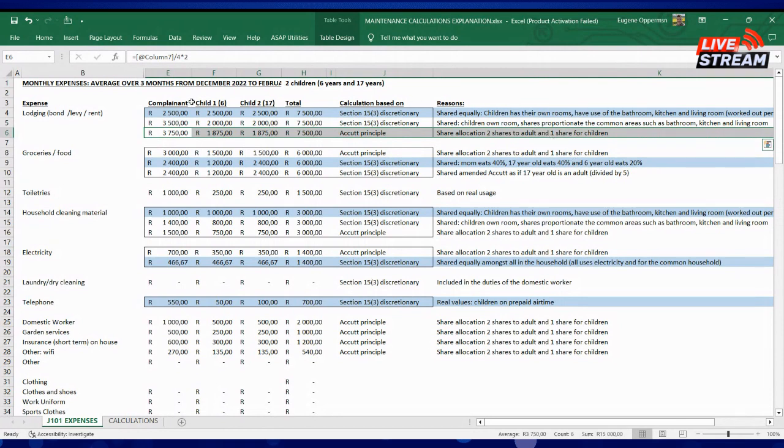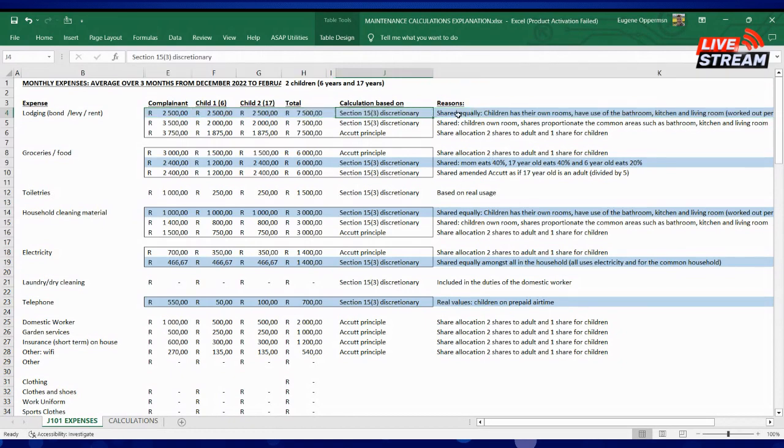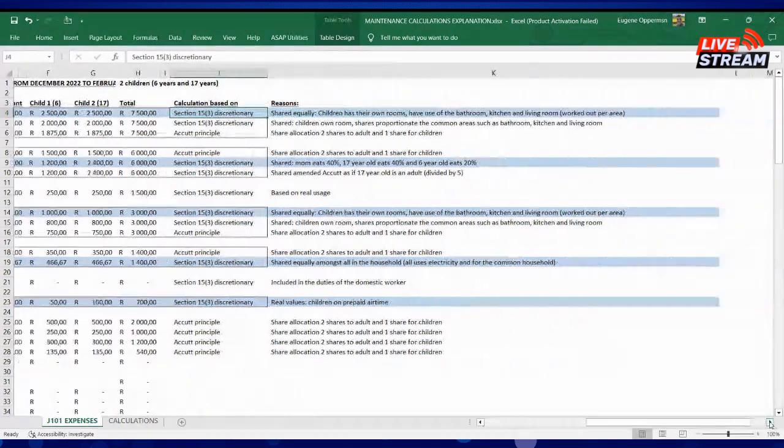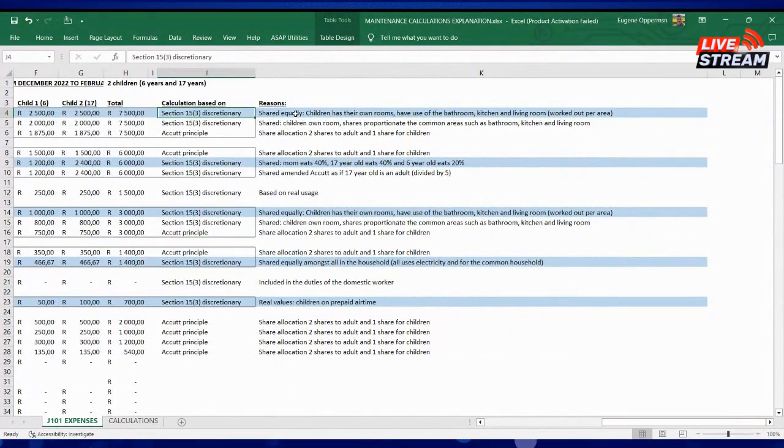Okay, if we go to the top portion, if we share the amount of lodging, remember now there's mom and then there's the 2 children, the 6-year-old and the 17-year-old, if we share that equally, the reasoning for that is that the children have their own rooms, they've got full access to the bathroom, the kitchen, and the living room.